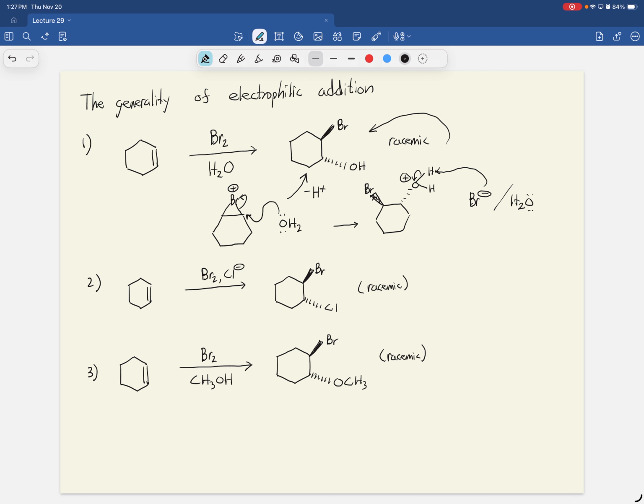All right, let's see here. Now, what do you think happens if these alkenes are not equally substituted? Which direction do you think it will add? So, for example, let's have an unsubstituted alkene here.